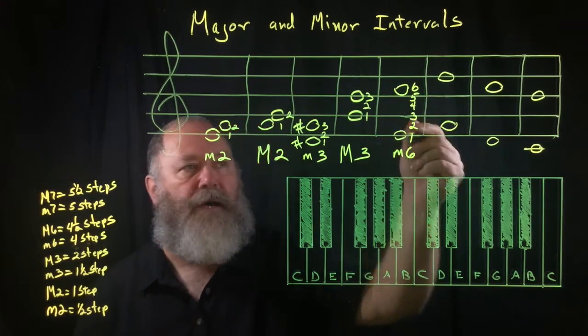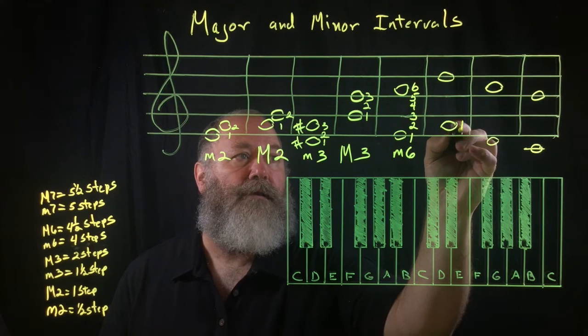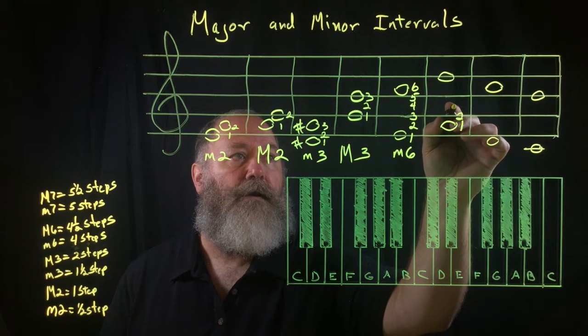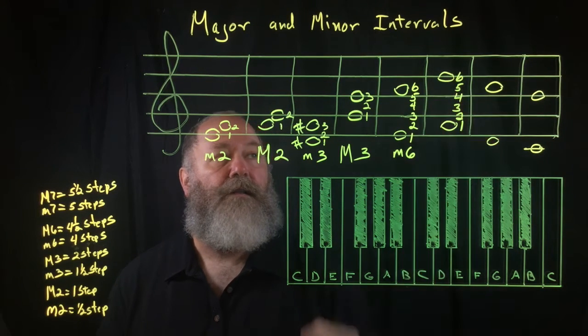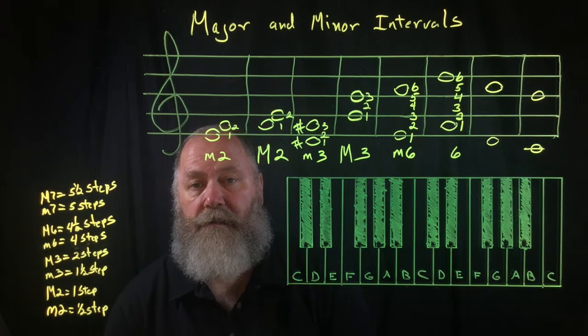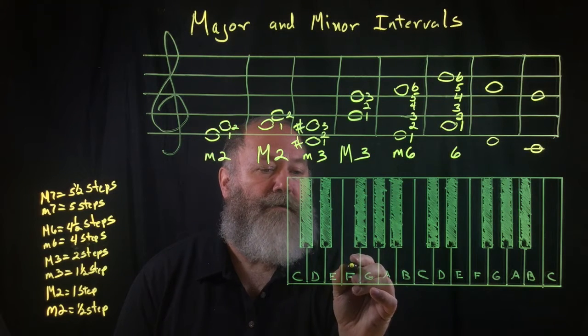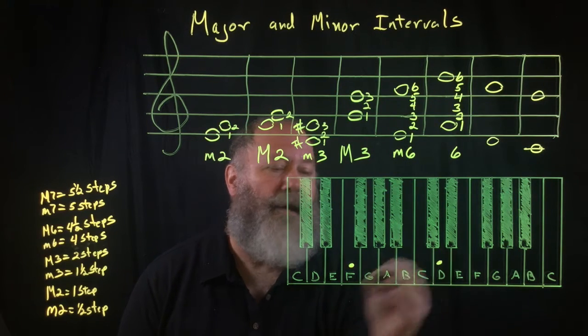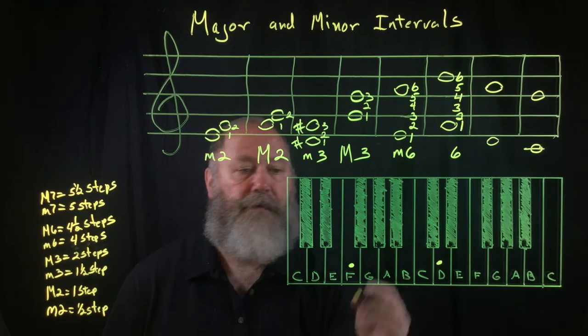Okay, our next example. We're just going to start by counting the lines and spaces. That space is 1, line 2, space 3, line 4, space 5, line 6. So we know that also is some type of a sixth. The notes are F and D. So here's F, here's D. Let's look at the steps.